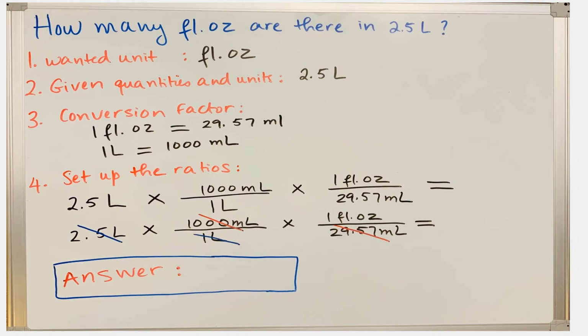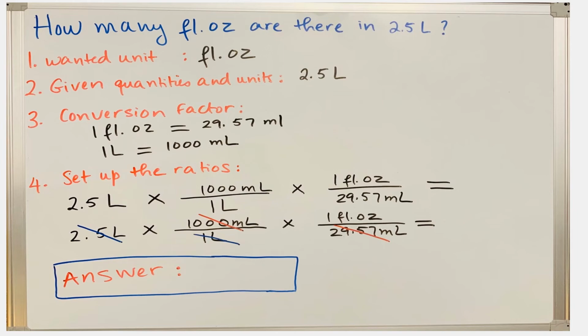Then you multiply by 1 fluid ounce over 29.57 ml. So then you may be asking, how do I know if I put fluid ounce on top and the milliliter on the bottom? Well, in the previous ratio, 1,000 ml was on top, so that means 29.57 needs to be on the bottom, so that those two ml can cancel out.